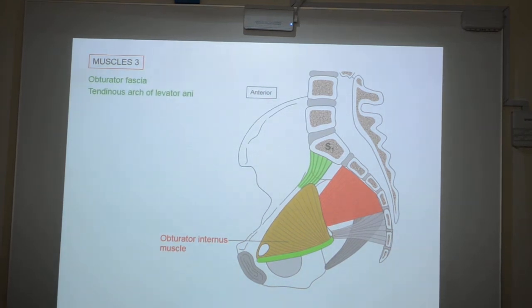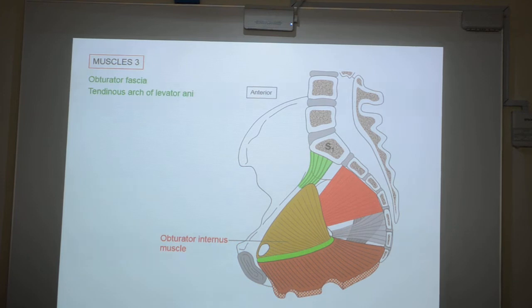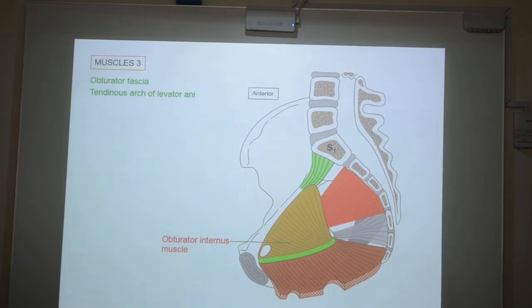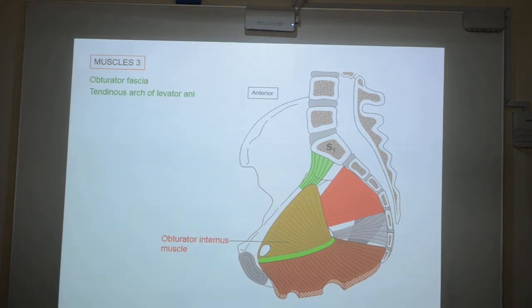Where is levator ani? The whole thing. Levator ani comes from one side and the other side, and they merge, they blend in the midline, and it makes my floor, the pelvic diaphragm. I have another diaphragm, the oral diaphragm, which you'll be learning shortly in head and neck.